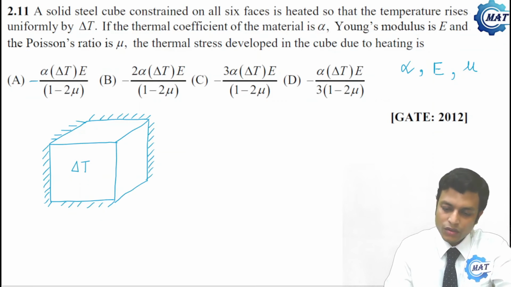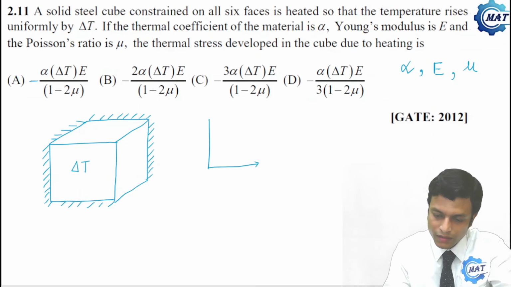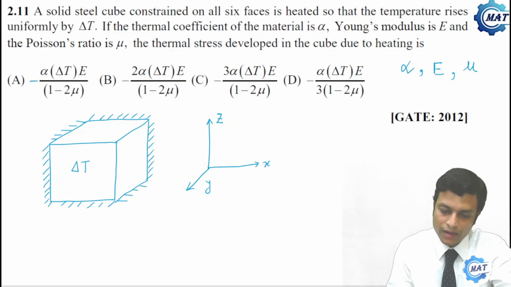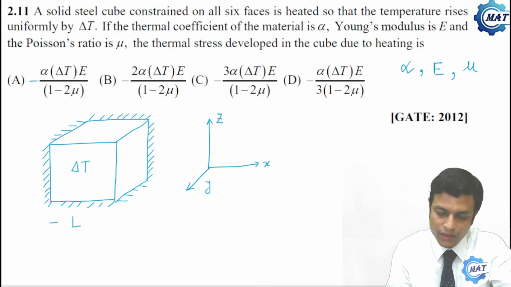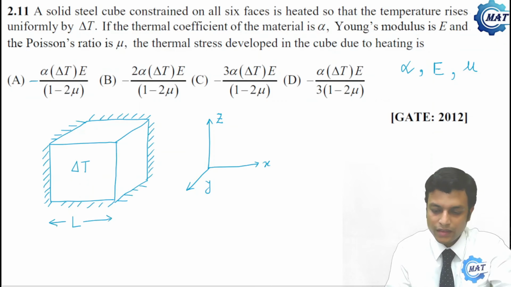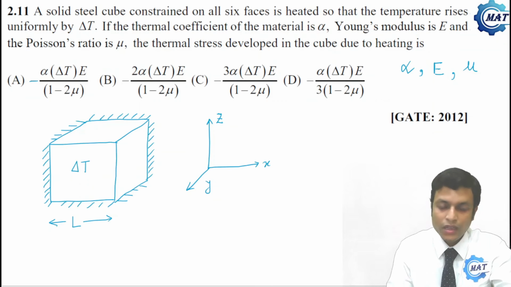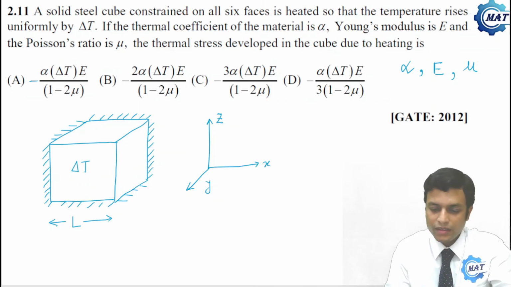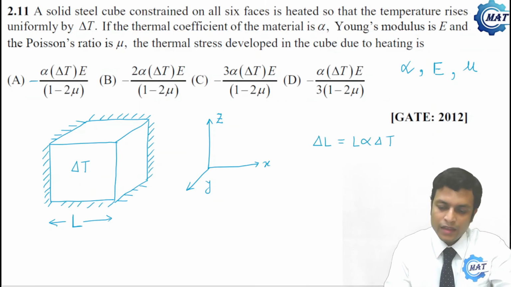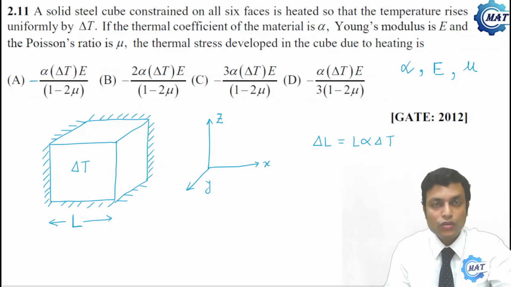Now let us consider that this is X, this is Z, and this is Y direction, and the length of each side of the cube is L. So X direction, length is L. Now if we allow the cube to elongate freely, then along X direction elongation will be delta L, which is L alpha delta T. But here the steel cube is constrained on all 6 faces, so it cannot elongate.